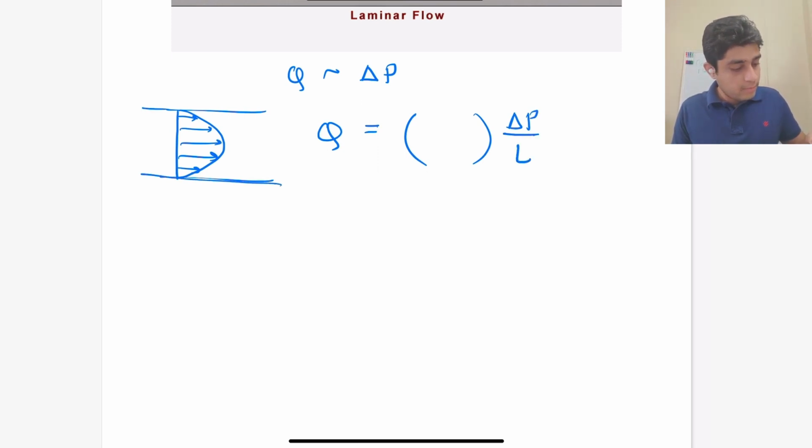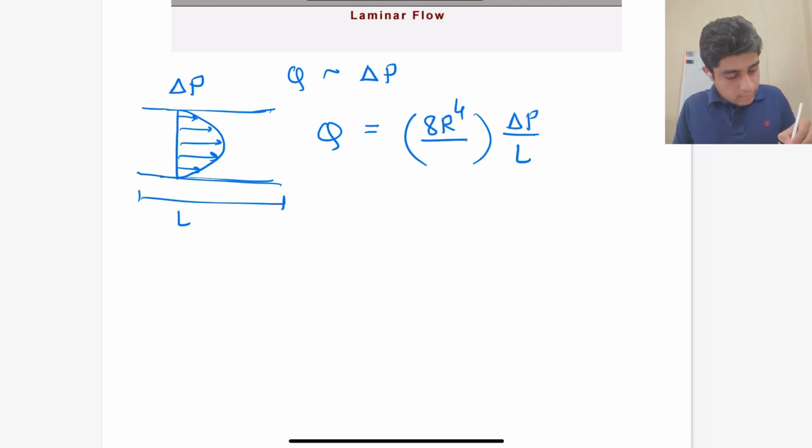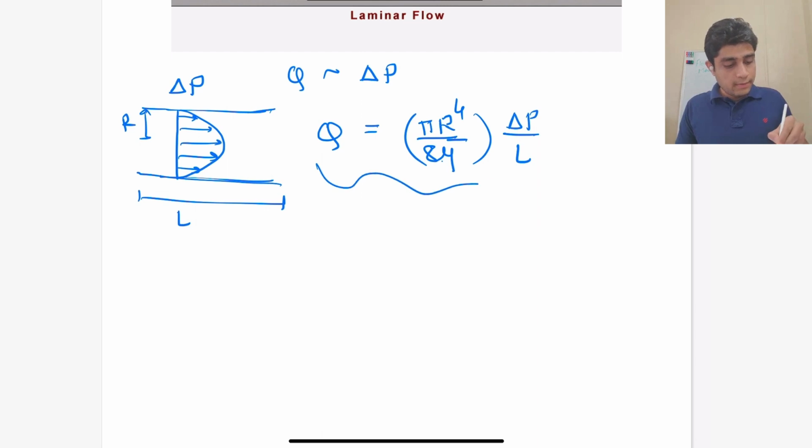So let's say we have a tube of length L, and you are applying a pressure difference delta P across this length L, then the flow rate is given by this formula. R is the radius of the tube. As you can see, this is a linear relation, and it is more sensitive to pressure, and we can find out the flow rate accurately even for smaller pressure differences.